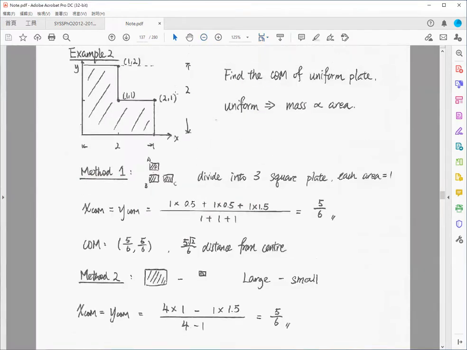That means you're cutting this small square from the large square. Then the area has a ratio of 4 to 1, but you put a negative here, negative 1. You still get the same answer.